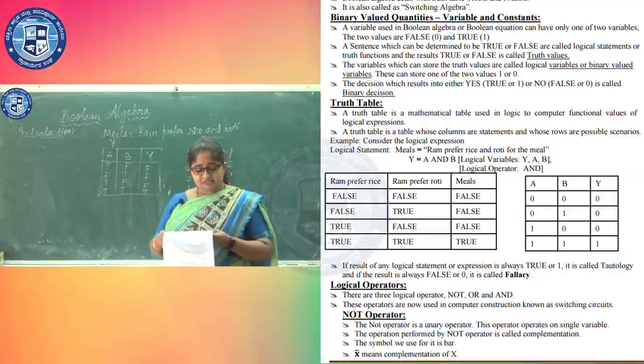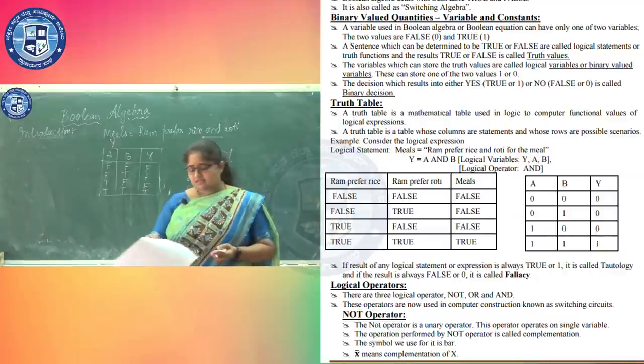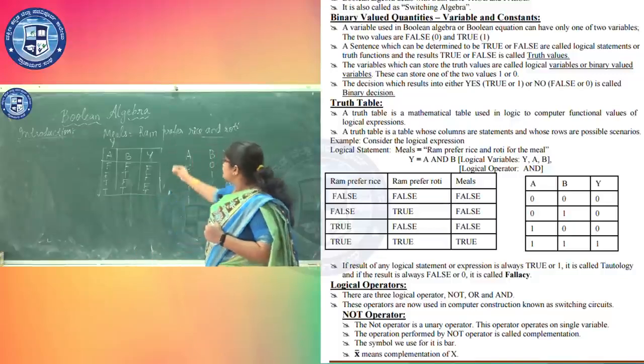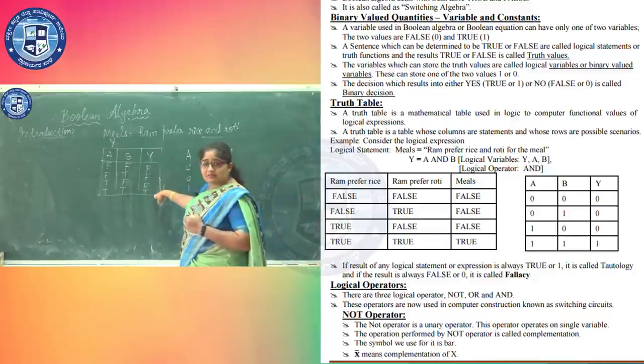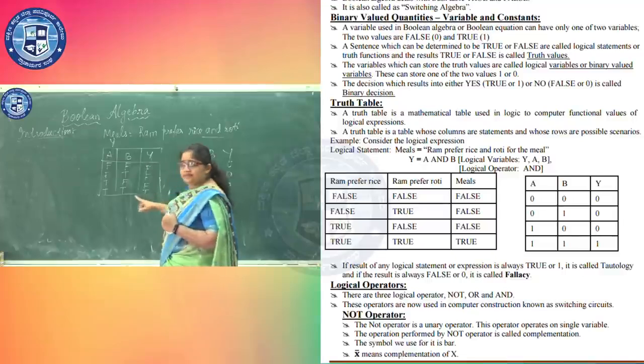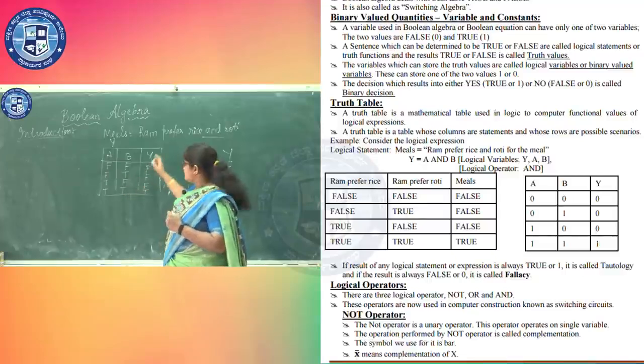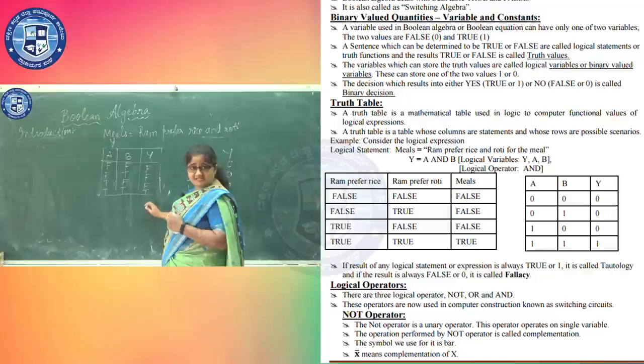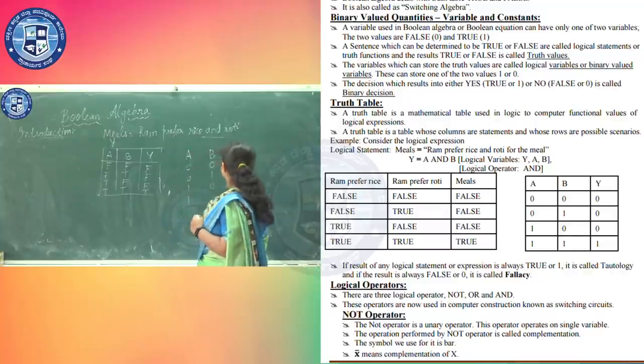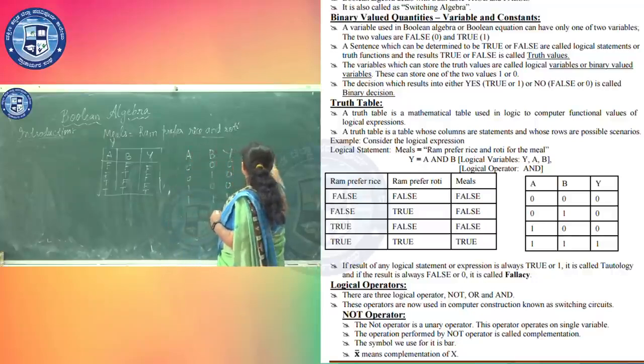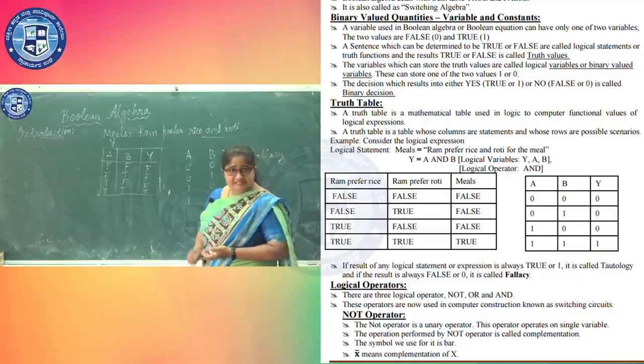Next, if the result of any logical statement is always false, so this column is the result column, if, when we do all the calculations, we get all the values to be false, such expressions are called fallacy.